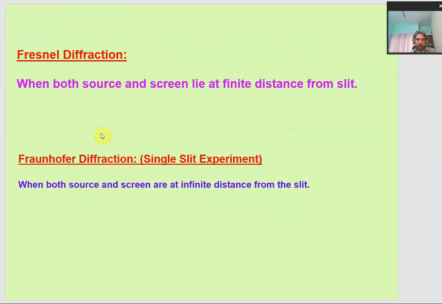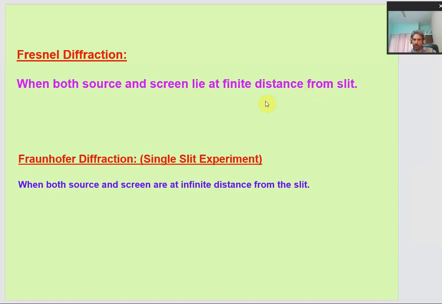Now he proposed that there are two ways in which this diffraction can be understood. The first one is called Fresnel diffraction. This kind of diffraction is observed when both the source of light and the screen where the diffraction pattern is observed lie at a finite distance from the slit. Slit means opening.